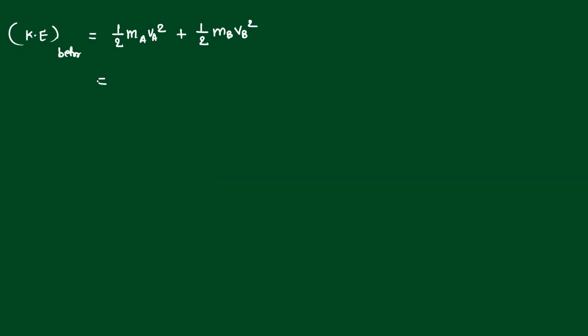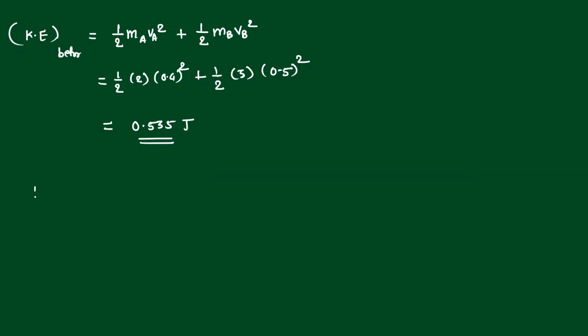So this is equal to 1 by 2, mass A is 2 kg, and the velocity of A is 0.4 square, plus 1 by 2, mass of B is 3 kg, into velocity of B, 0.5 square. So this total value is 0.535 newton meter or joule. So this is the kinetic energy before impact.